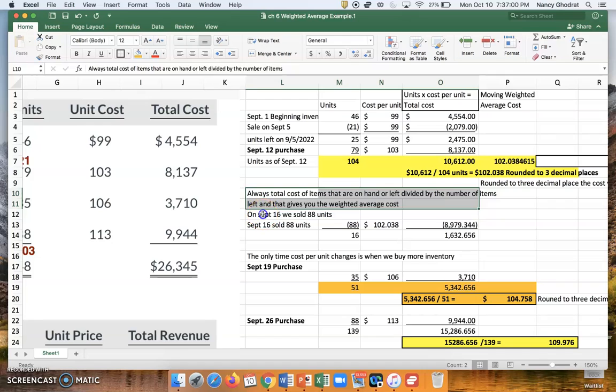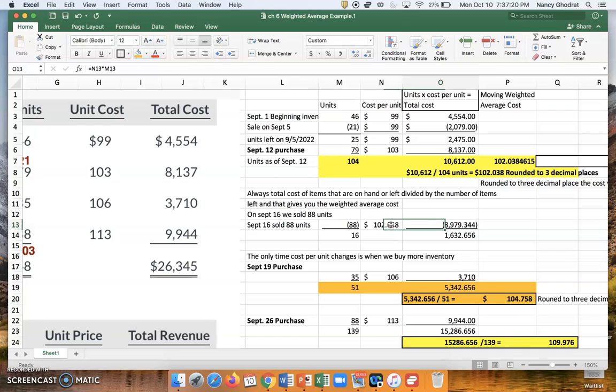Now, the next transaction that happens is on September 16, the company sells 88 units. Remember, the cost comes from what we had available as of the last transaction, the $102.038.